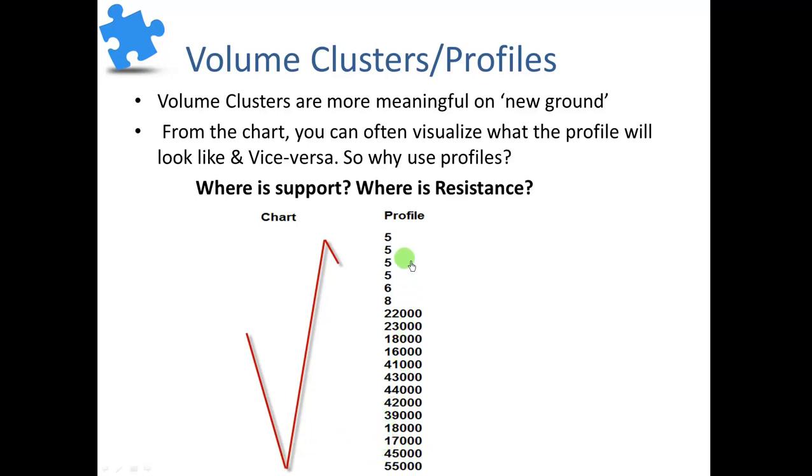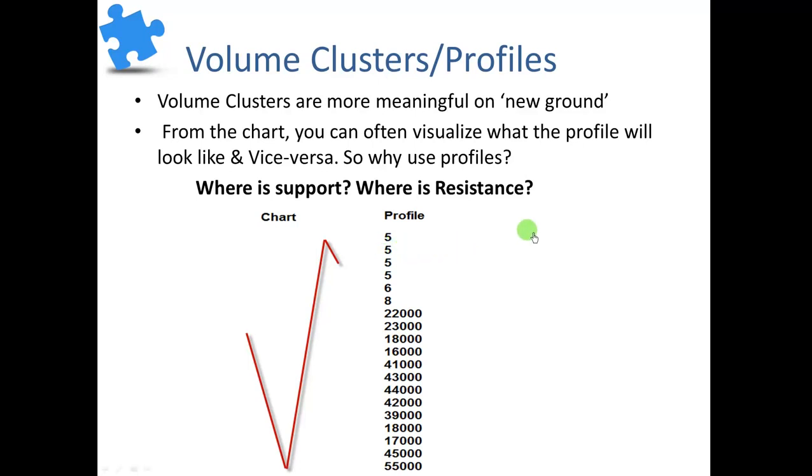At the top, it's a slightly different story. We have a range of prices where participants traded very, very little, and a range of prices where participants traded a lot. We have this small spike up without a lot of trading.